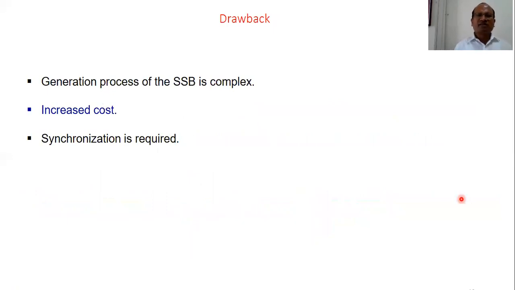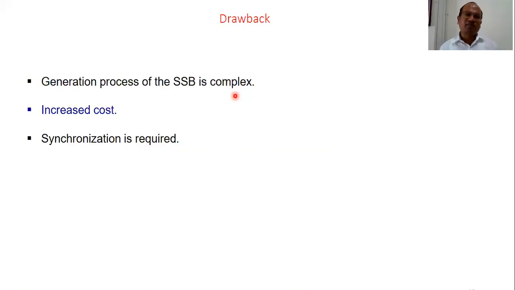So what are the drawbacks? Is there any drawback associated with SSB? Of course, the generation process of SSB is complex. When you design an SSB receiver and try to recover the message signal from SSB, it's not simple, it's complex.